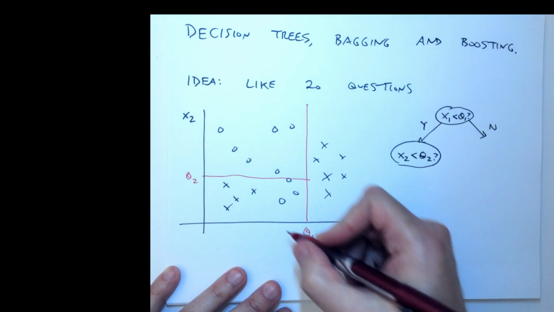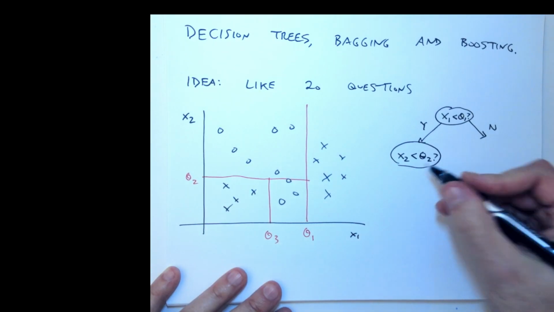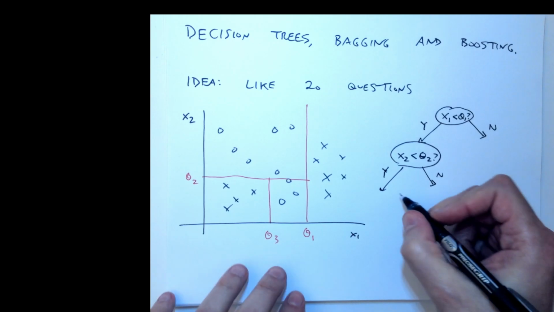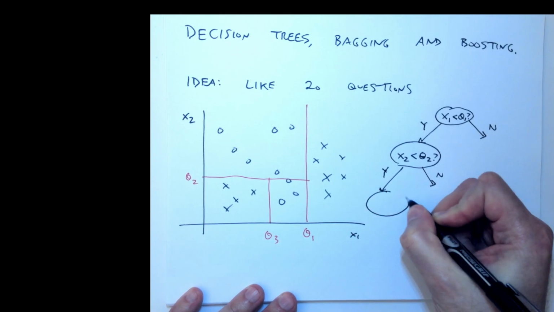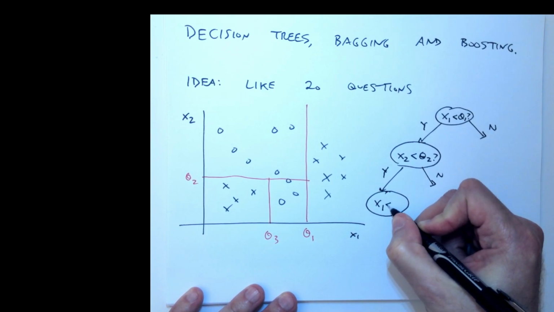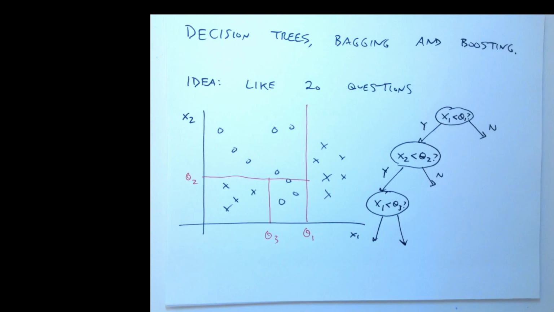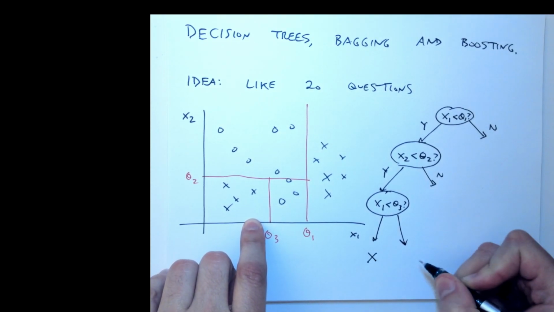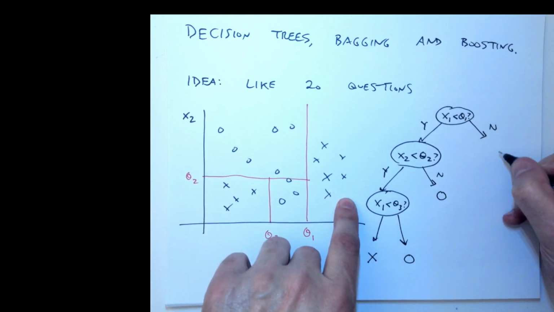And then, if I'm below here, I say, is x1 less than theta 3? At this point, the way I've drawn these red boxes, everything is separated, all the x's and o's, right? So if that's true, then here I would decide x. If it's not true, I would decide o. If I decided it was above the line, I decide o here.